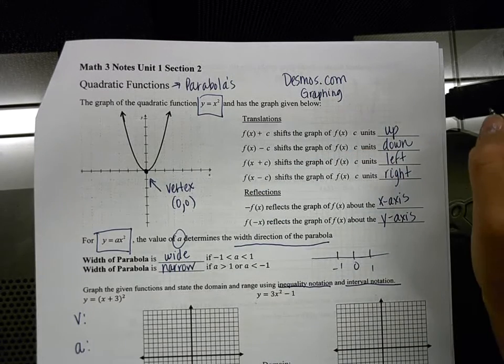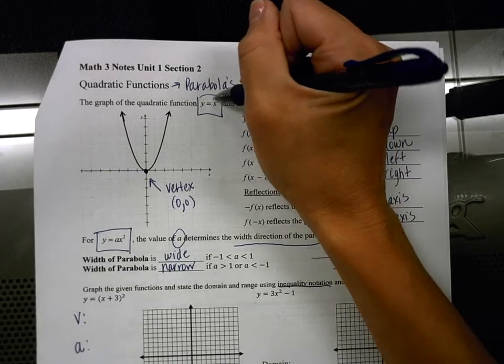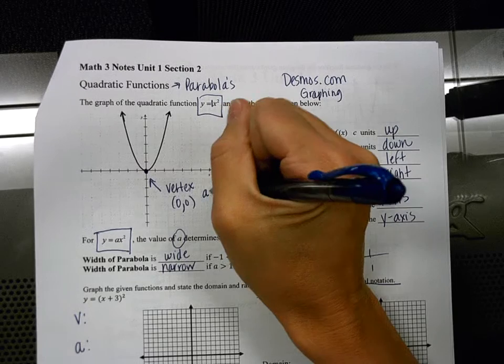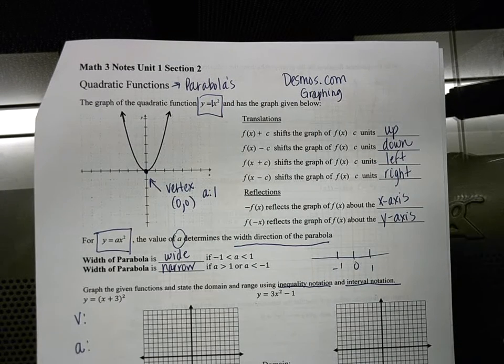Axis of symmetry? No. The A value is always going to be the number in front. So in this case, there's no number in front, so that means my A value is actually 1. And that's, again, telling us our direction and also if it's going to be wide or narrow, okay? If it's just 1, it's just going to be standard size, okay?